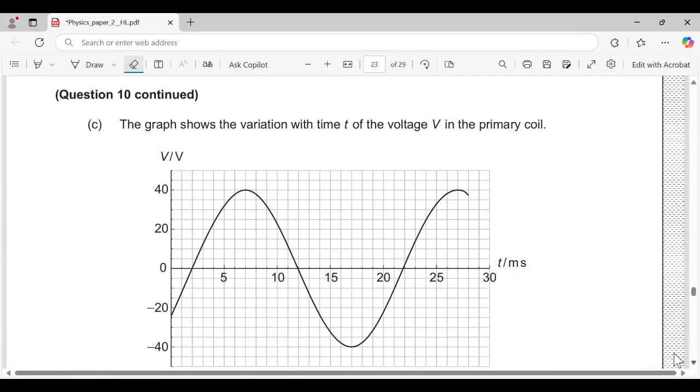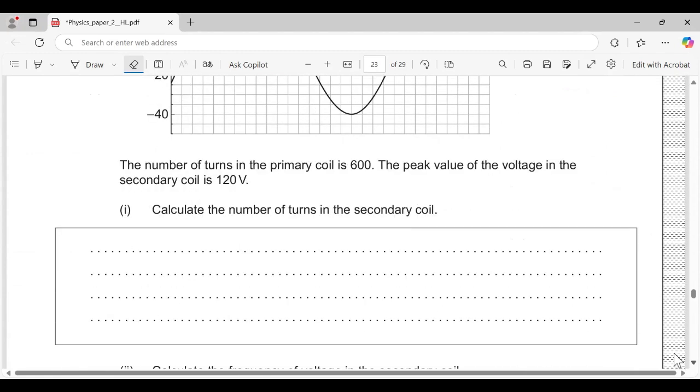Next. The graph shows the variations with time t of the voltage V in the primary coil. The number of turns in the primary coil is 600. The peak value of the voltage in the secondary coil is 120 volts. Calculate the number of turns in the secondary coil. We use the transformer equation: V primary over V secondary equals N primary over N secondary.